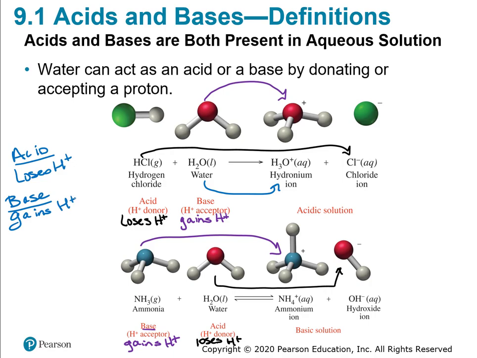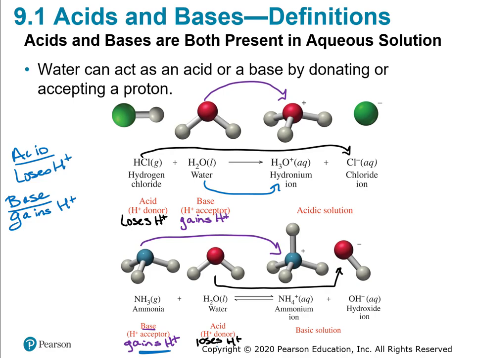Then when you look at the one at the bottom, ammonia and water making the ammonium ion and the hydroxide ion, you can see that ammonia, NH3, becomes NH4+. So it gains a hydrogen ion, which makes it a base. The water becomes OH minus. So water loses a hydrogen, going from H2O to OH.